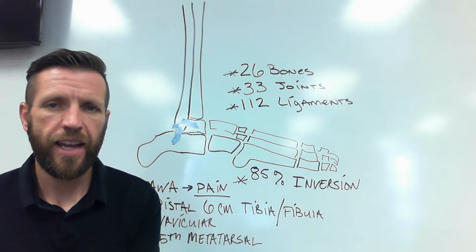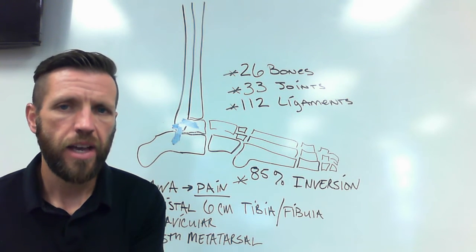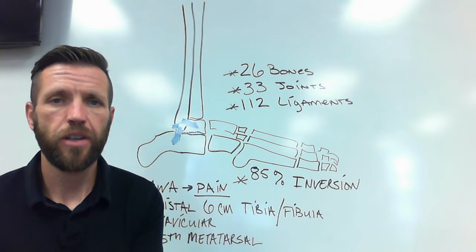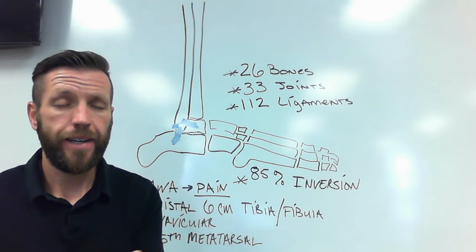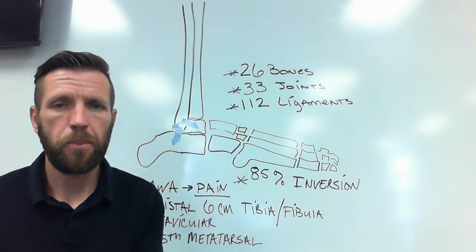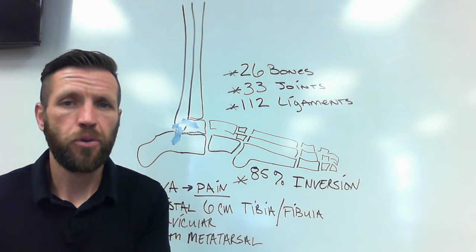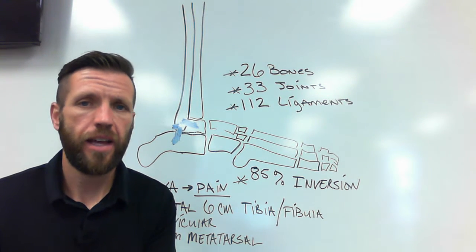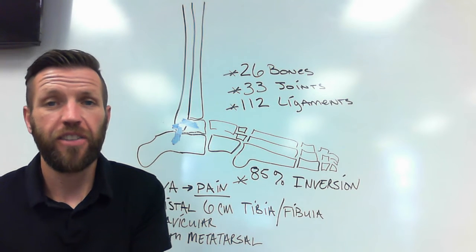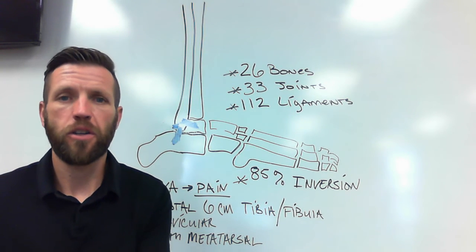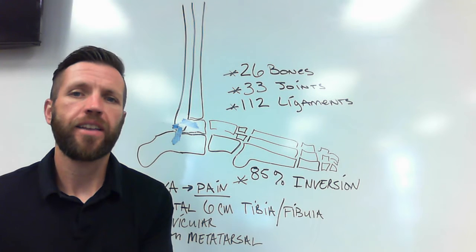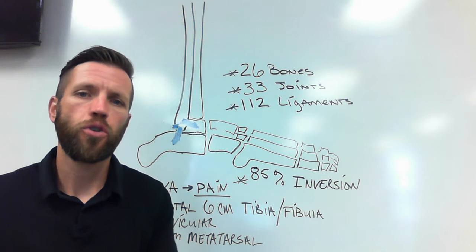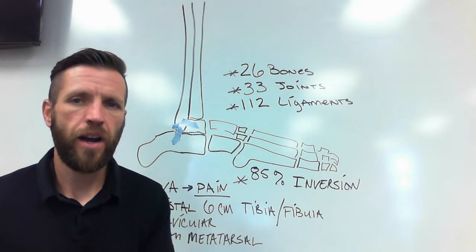Many of us have had ankle sprains in the past, and we have been in such pain and such disability that we may have perceived that there could be a fracture. Some of us maybe even had that x-ray and found out that it wasn't, and it was completely to our disbelief, because we really felt like that pain and dysfunction were so great that it had to be a fracture.